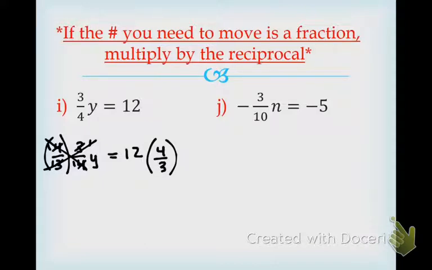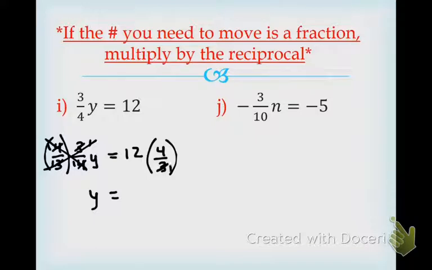So I have right here 1y, but since that 1 is understood, you don't need to put the 1. So y equals, now I've got 12 times 4/3. Once again, you're allowed to use your calculators, or more simply, you could go like this.